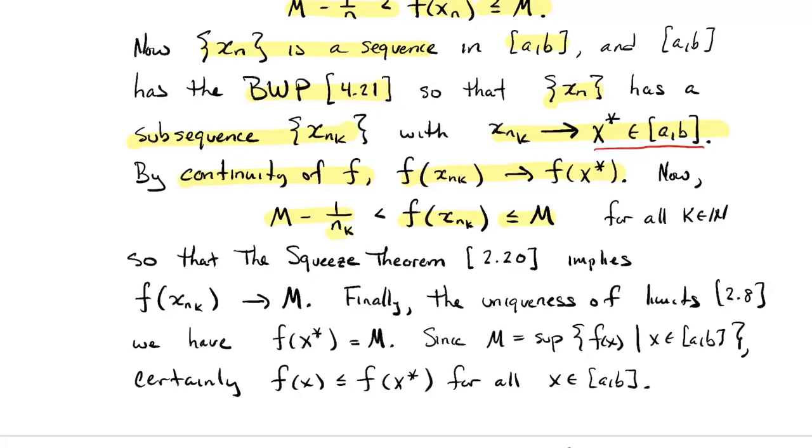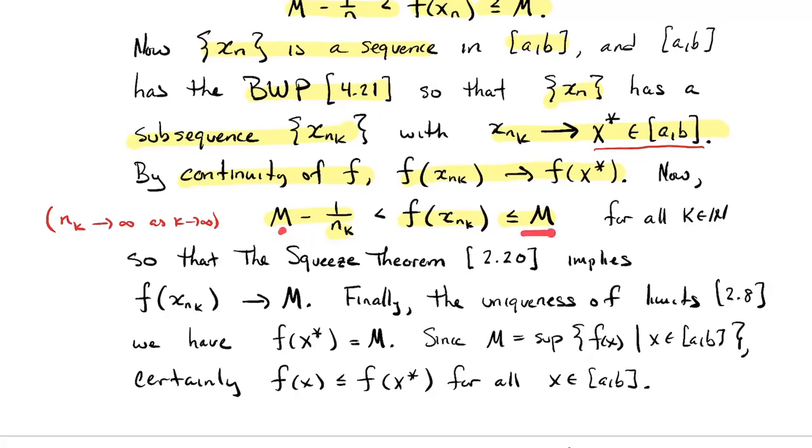N sub k goes to infinity as k goes to infinity, right? Subsequence terms have indices that get as big as you like. So as k goes to infinity, the expression M minus 1 over n sub k approaches M.